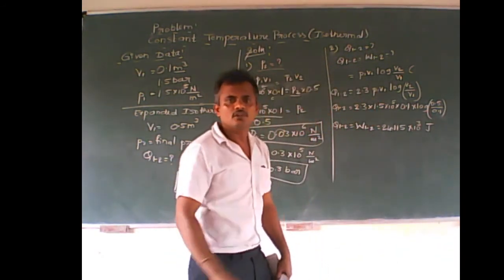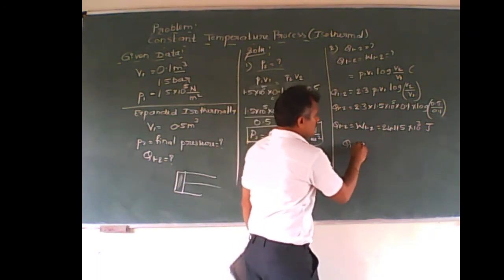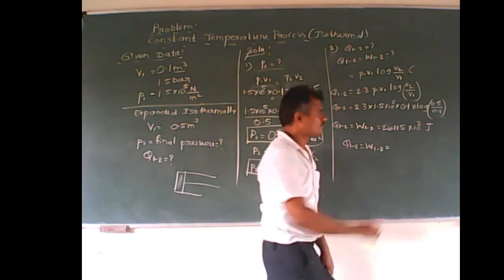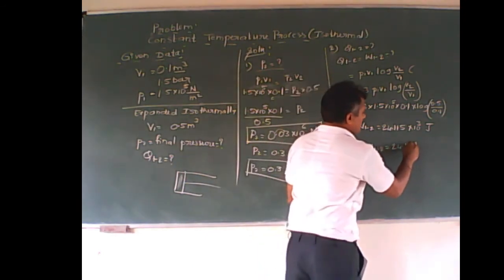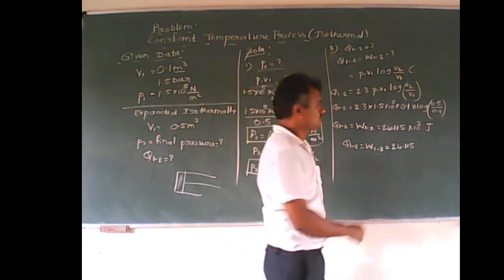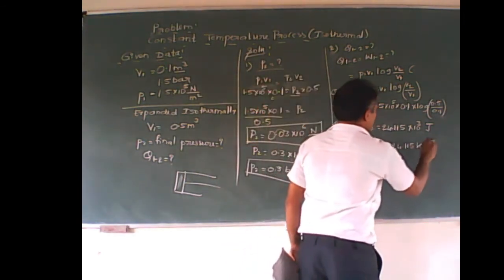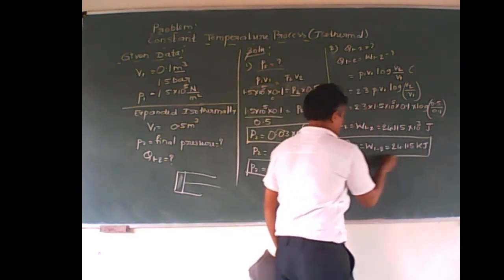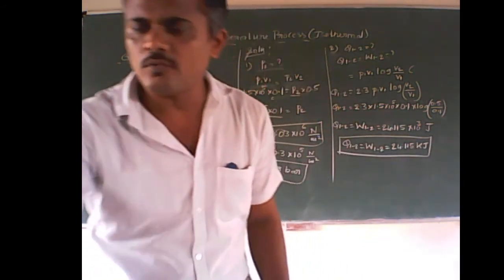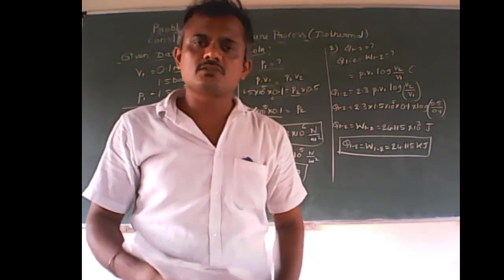So I can write heat supplied 1 to 2 is equal to work done 1 to 2, which is equal to 24.115 kilojoules. Instead of 10 raised to 3, I can write kilo. This is the expression for the value of heat supplied, which is equal to work done.